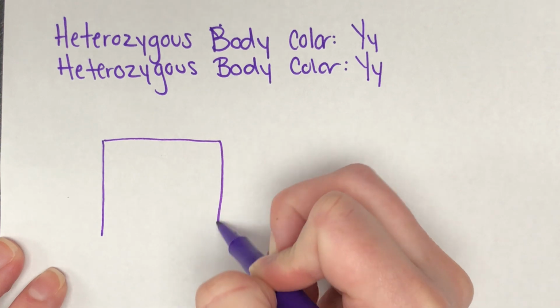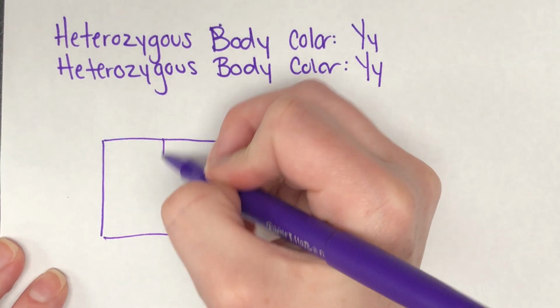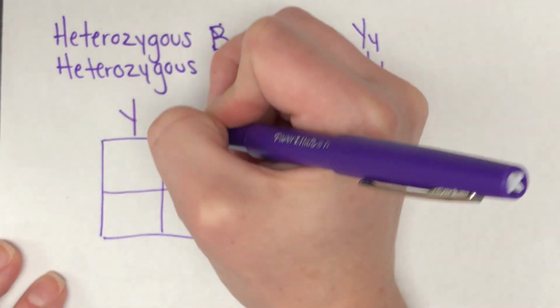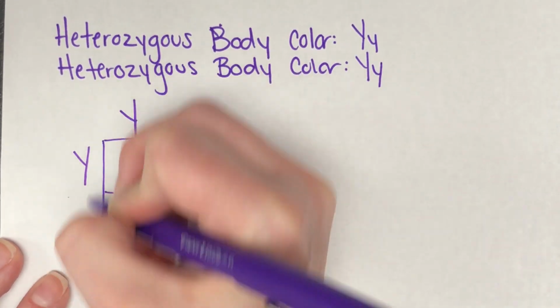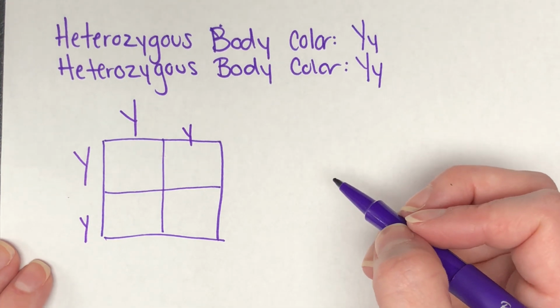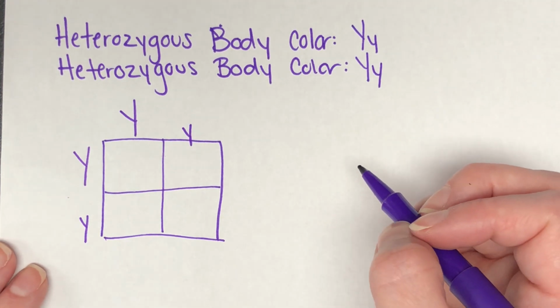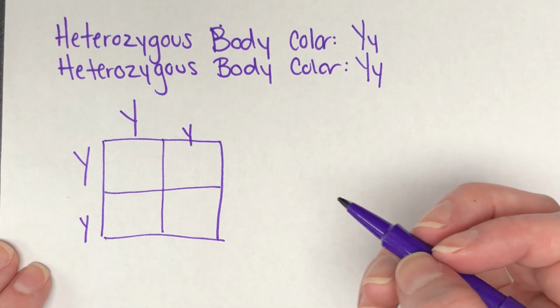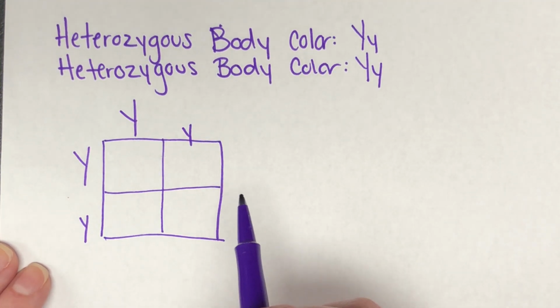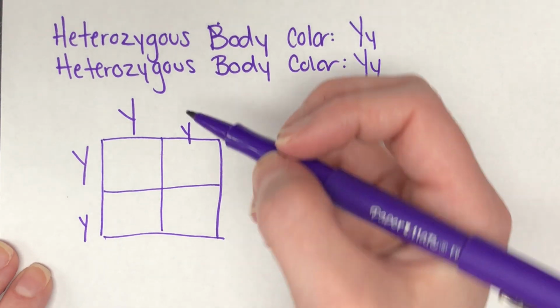I'm going to make my box and put my parents on each of these sides. So sometimes I may do it this way. It may help you if you're really struggling with this other way. But again, going straight down and straight across is the best way to make sure you don't make any mistakes.